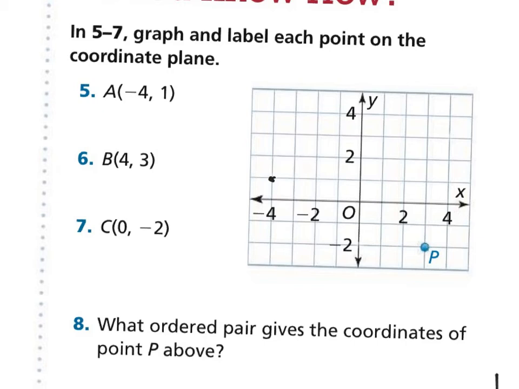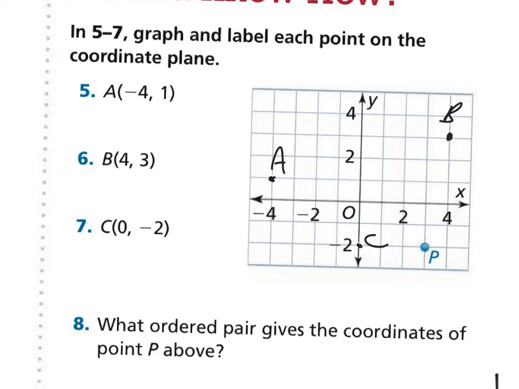There would be point A. B is at 4, 3, so we go over to 4 on the x-axis, go up 3, and that is point B. And then C is at 0, -2. With 0, we don't go left or right at all. We just go down 2 units, and that would be point C.